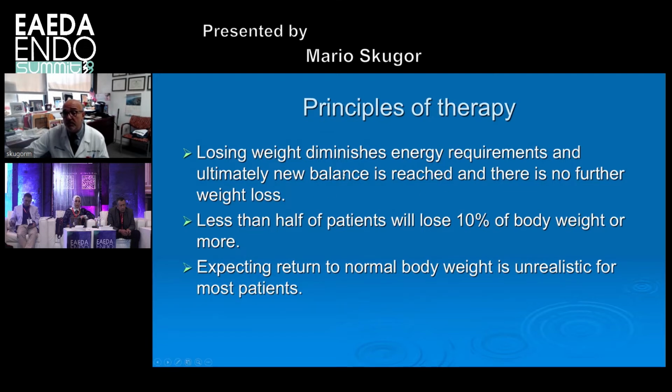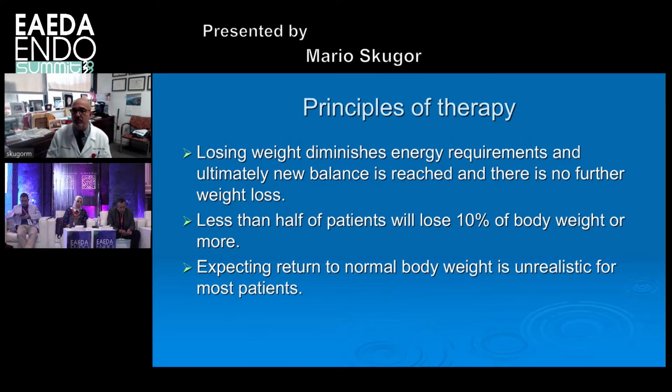But once you lose weight, your body becomes smaller, so you require less energy to maintain that new weight. And your basal metabolism slows down, you become a more efficient thermodynamic machine. So if you make a lifestyle change, you start eating less, you start exercising more, you're going to achieve a new kind of balance.